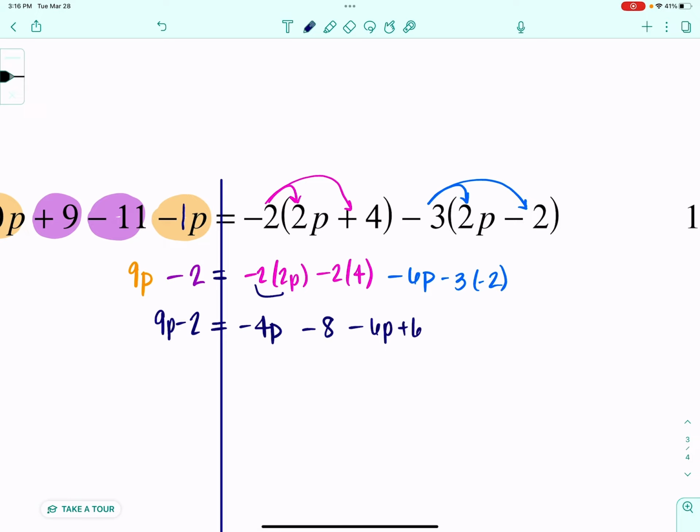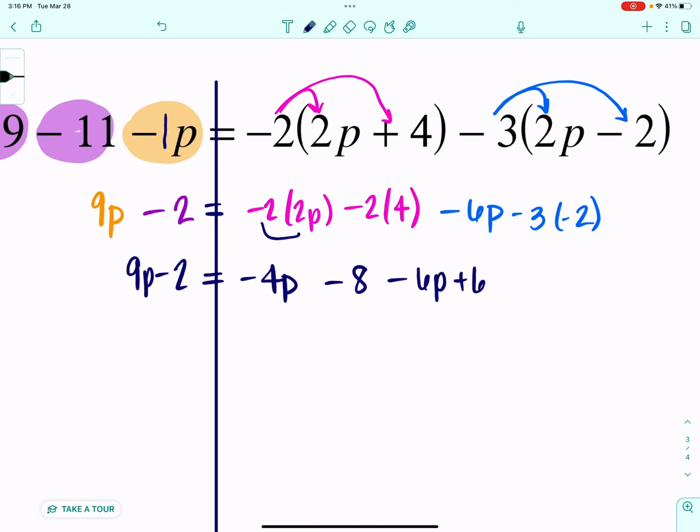I have some things I need to clean up on my right side still. I have a negative 4p and a negative 6p. Well, negative 4 minus 6 gives me a negative 10p.